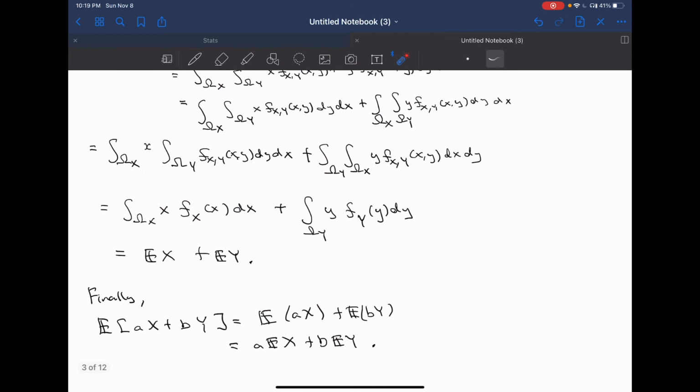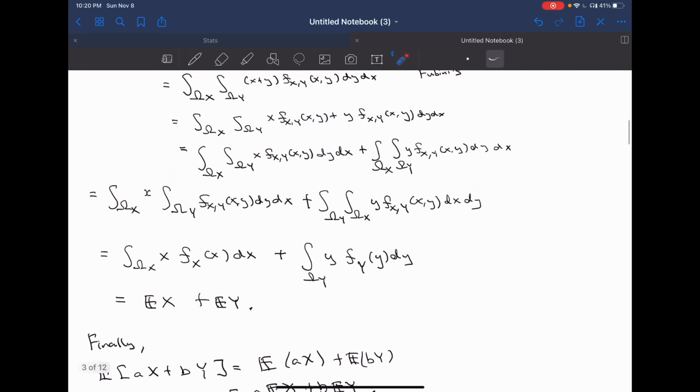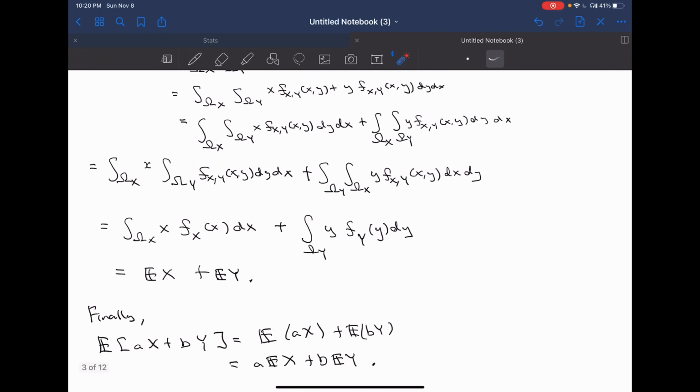Now to finally prove the statement that we had above, we can break, by linearity of expectation, the expectation of aX plus bY into E of aX plus E of bY, using what we just showed above.